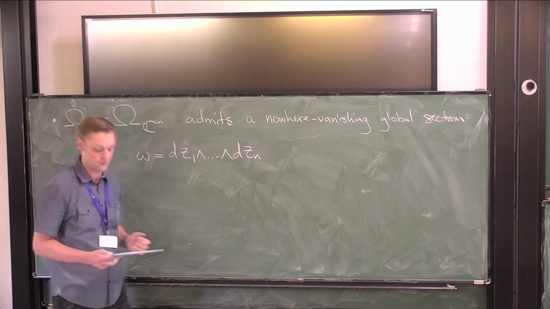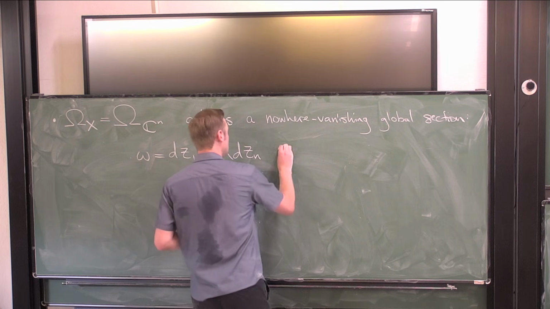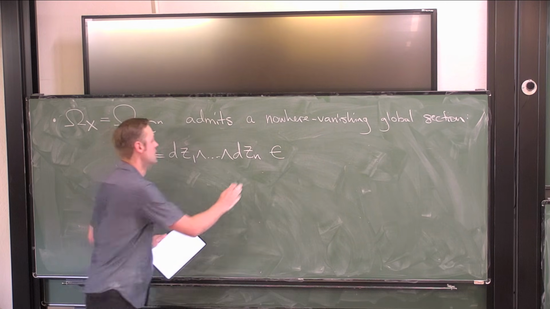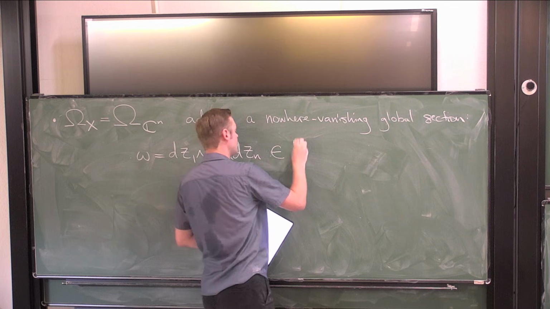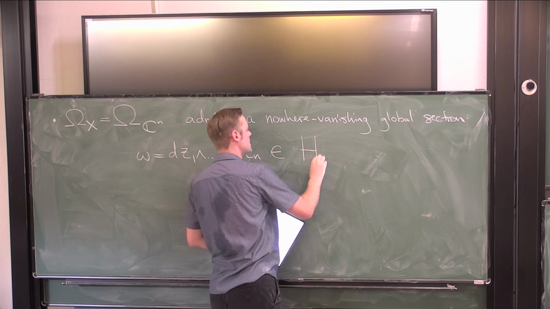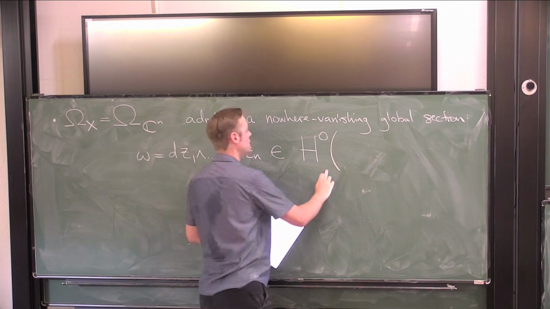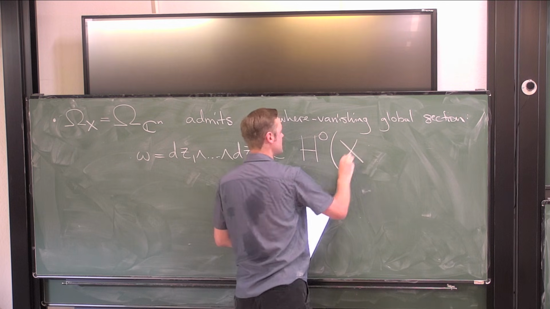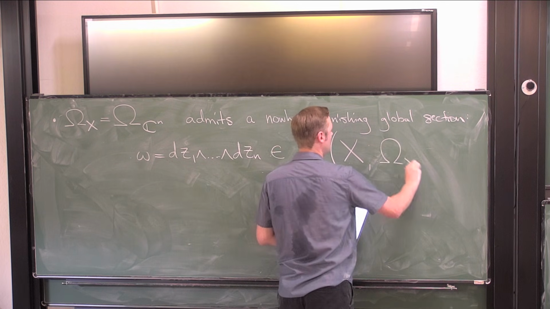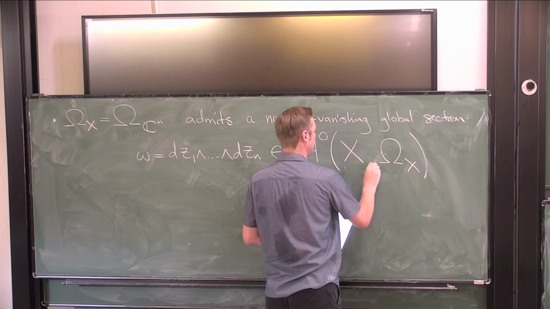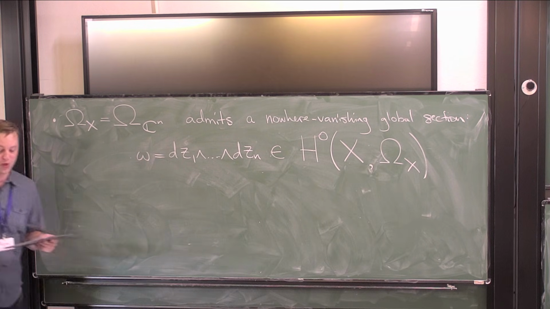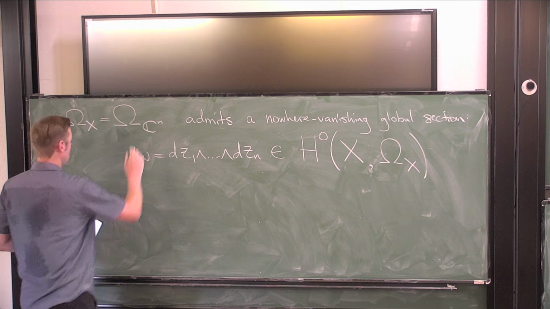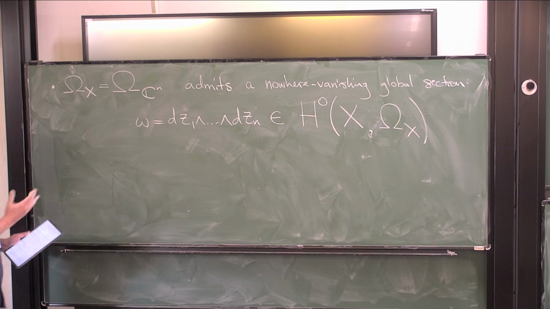So the way we write it is that we use this cohomological notation to say that it's a global holomorphic section over all of X of the bundle omega x. This is the notation that we often use. And what is this global section?